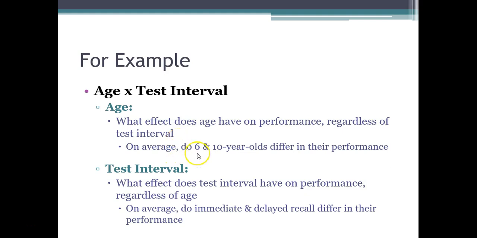So on average, do 6 and 10-year-olds perform differently in their memory scores, regardless of test interval, or we say averaging across test interval? And then we have a main effect of test interval. What effect does test interval have on performance regardless of age? So on average, do immediate and delayed recall conditions differ in their performance regardless of age, or collapsing or averaging across age?